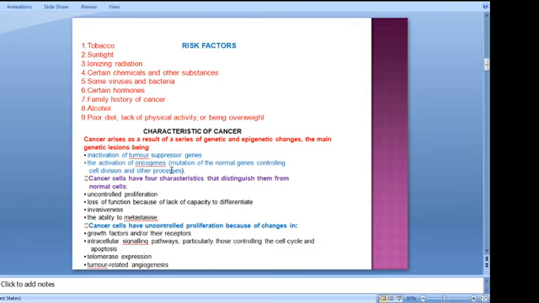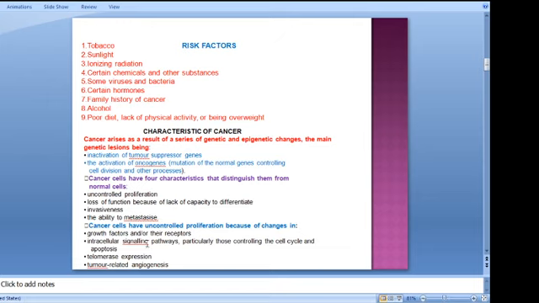It is a mutation of the normal genes controlling cell division and other processes. Cancer cells have four characteristics that distinguish them from normal cells: uncontrolled proliferation, loss of function because of lack of capacity to differentiate, invasiveness, and the ability to metastasize.